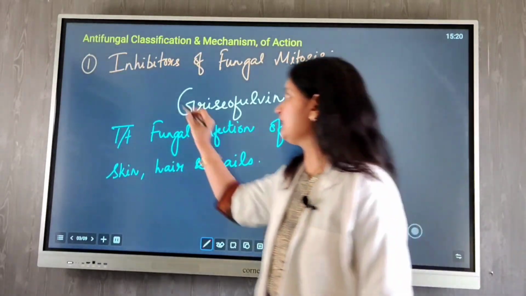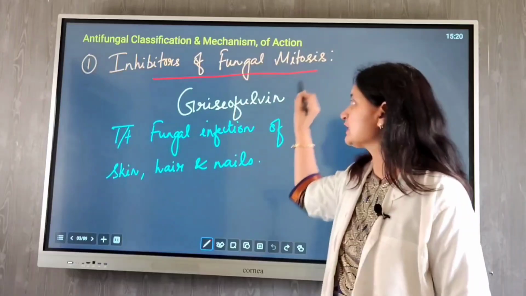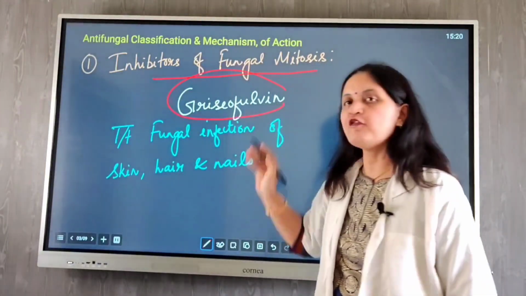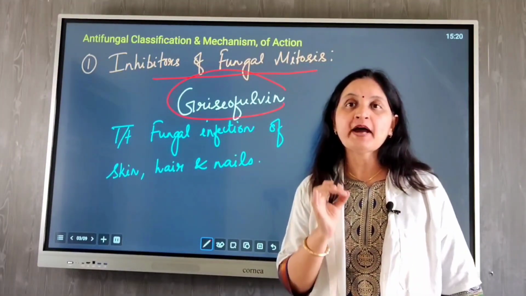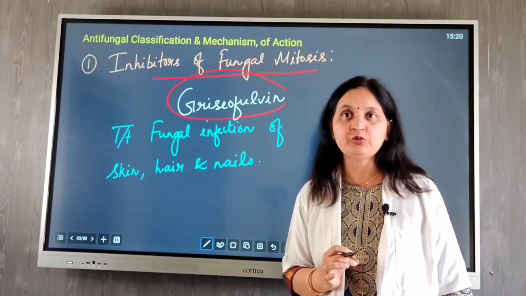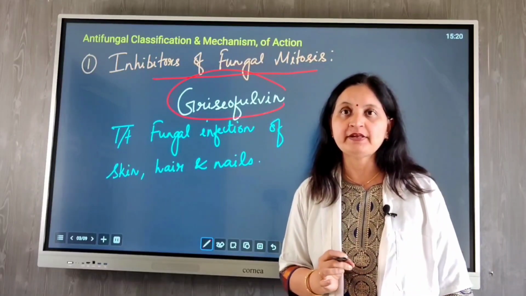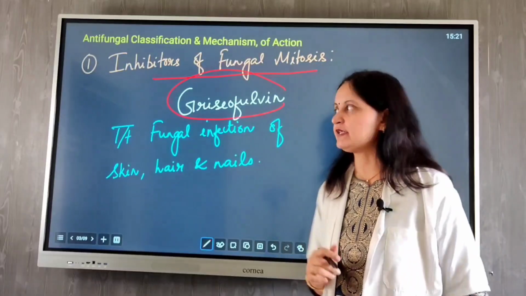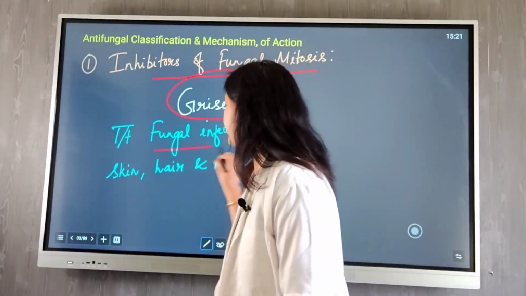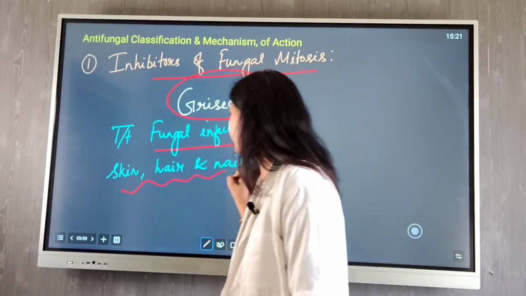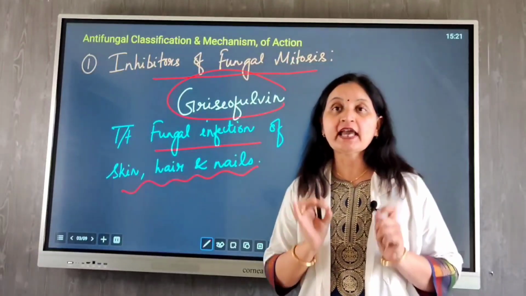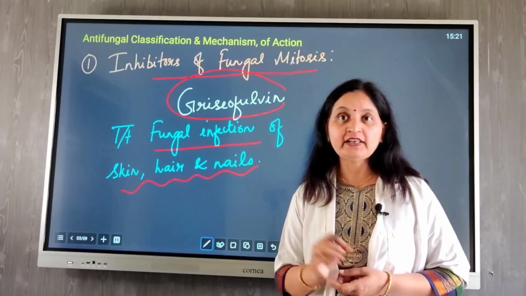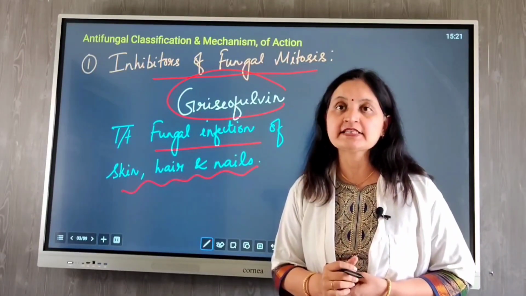The first one is inhibitors of fungal mitosis. The drug is griseofulvin. Griseofulvin binds to microtubule associated protein, disrupting the mitotic spindle, inhibiting cell division and mitosis. It treats fungal infections of skin, hair and nails. This is because of a characteristic property of griseofulvin: it accumulates in the keratin precursor cells.